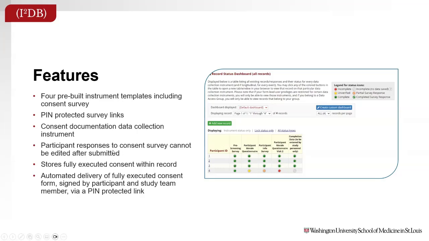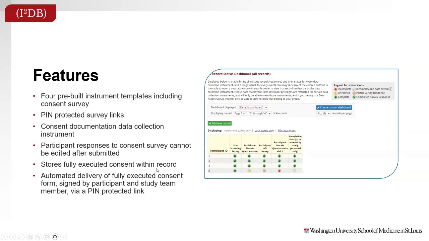Participant responses to the consent survey cannot be edited after it's submitted. If you haven't used the e-consent, you'll see why that's important, because you actually come in and sign on the same survey, the same form that the participant completes. And you don't want to accidentally switch one of their yeses to a no on the informed consent form, and you cannot do that with this template.